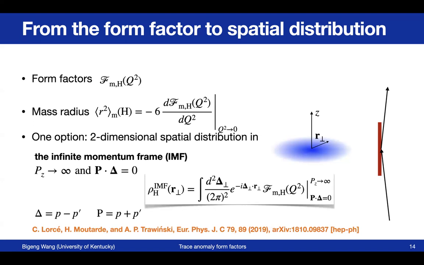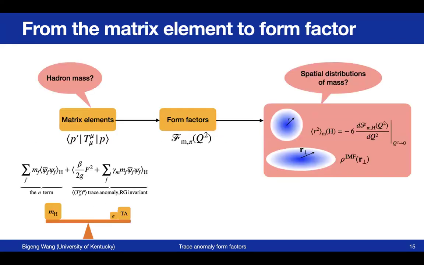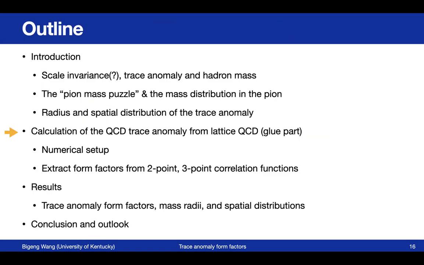The details can be found in this paper as a reference. So that's our way to convert our form factor to the spatial distribution. Finally, we reach a complete picture where we have defined form factors from matrix elements, and we are going to calculate the spatial distribution of mass within hadrons.